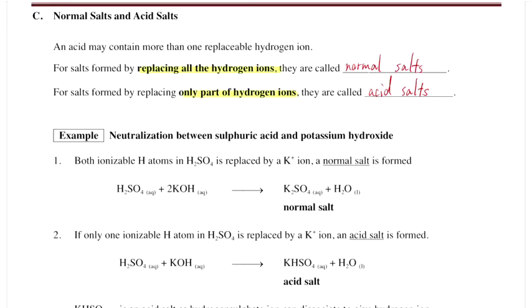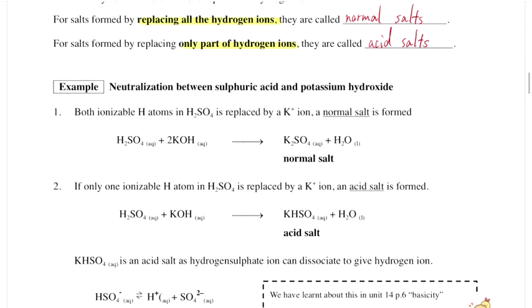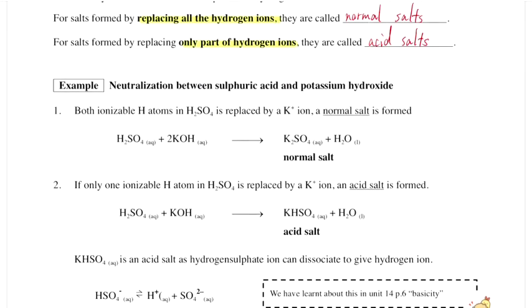So here we have sulfuric acid as an example. Remember, sulfuric acid is a dibasic acid. So maximum each sulfuric acid molecule can release 2 hydrogen ions. Right, so the first example, both of the hydrogen ions are replaced by the potassium.